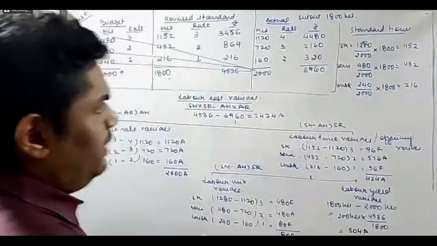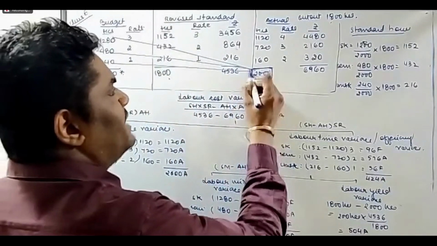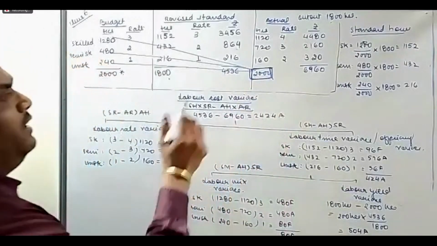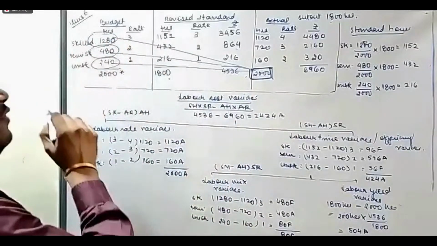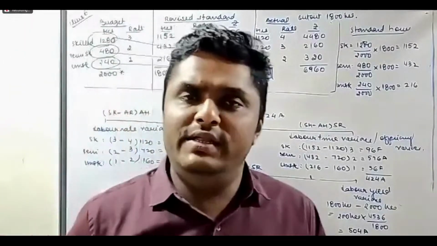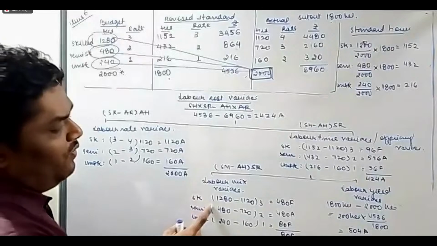Again, when talking about labor mix variance, see, my actual total hours are how much? 2000. It should be in the ratio of 1280 is to 480 is to 240. If you divide it in this ratio only, you will get the same amount, that is 1280, 480.